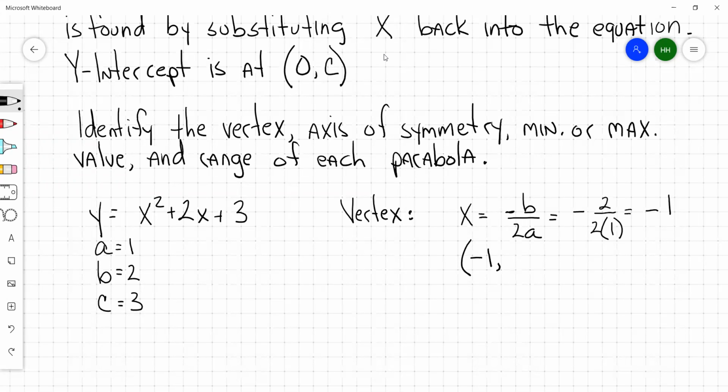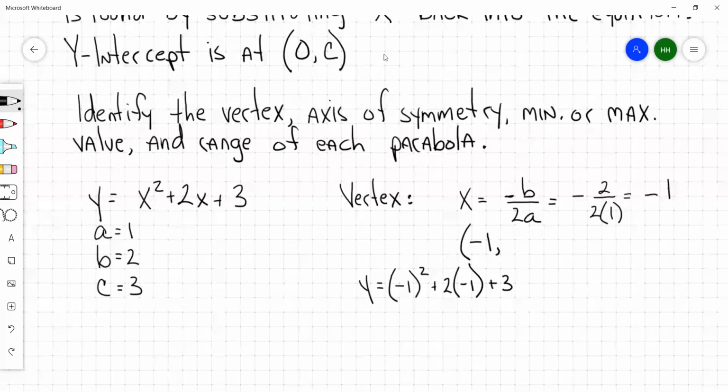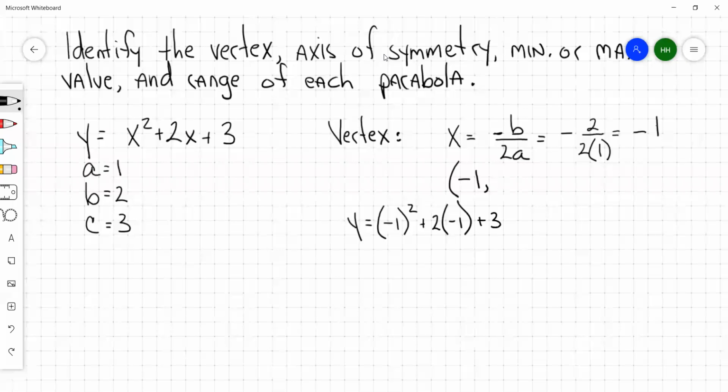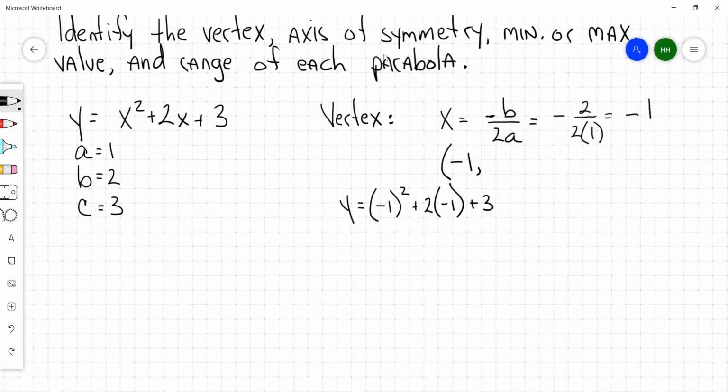To find the y value at the vertex, we need to take this negative 1 and substitute it into the equation. So we're still working on this vertex. We're going to say that y is equal to negative 1 squared plus 2 times negative 1 plus 3. So our y at the vertex, negative 1 squared is 1.